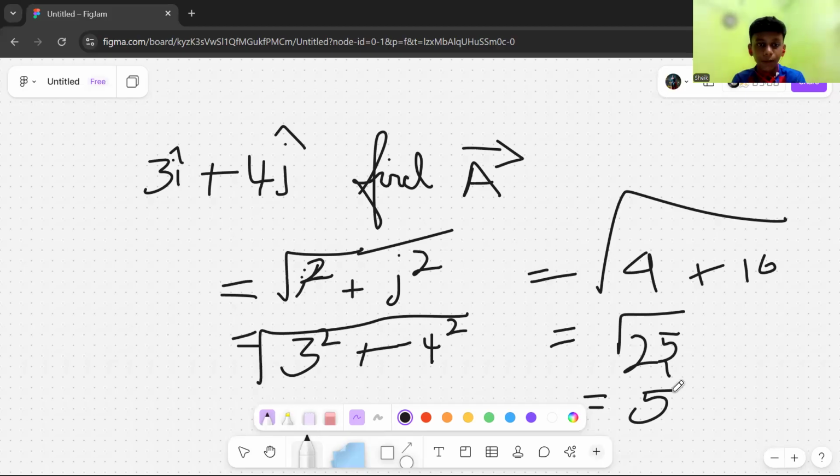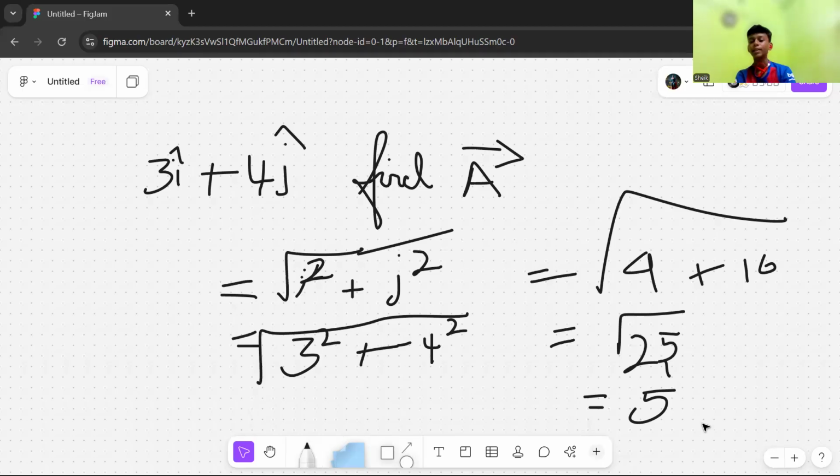Now we have seen it for one plane, for one vector.